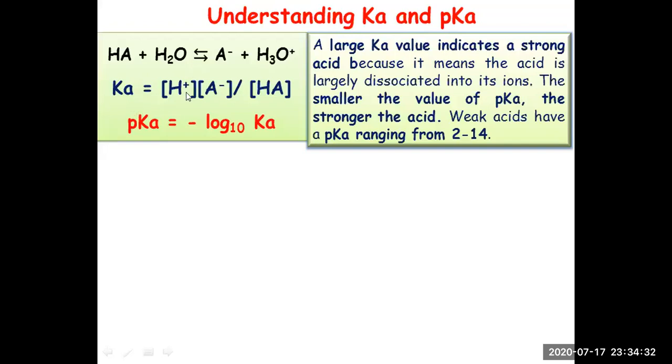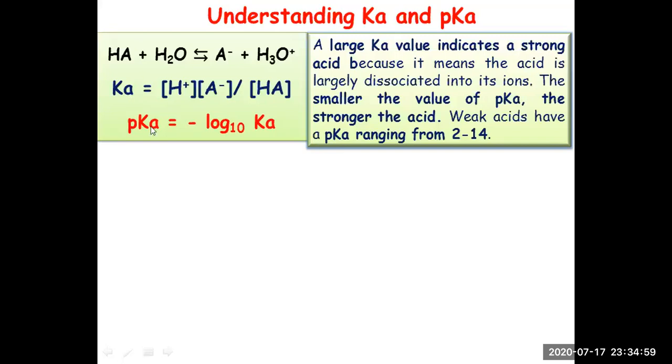So Ka is the concentration of H plus times A minus divided by the concentration of HA. Either you write it like this, or as the concentration of H3O plus times the concentration of A minus upon HA. Whether you mention H3O plus or H plus does not make any difference. This is how we mathematically write the equation for Ka, the dissociation constant of a weak acid.